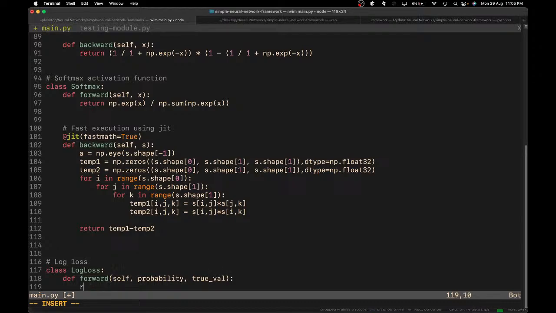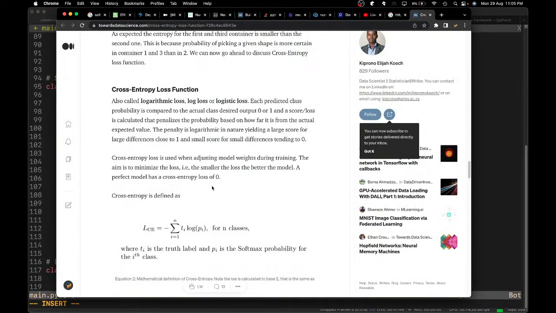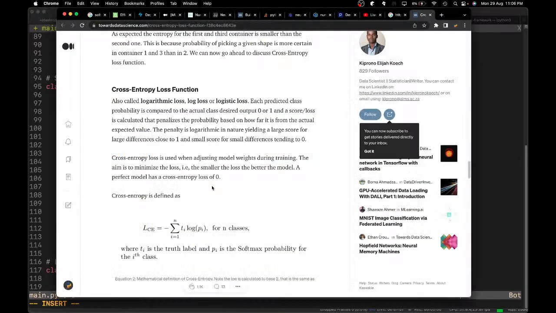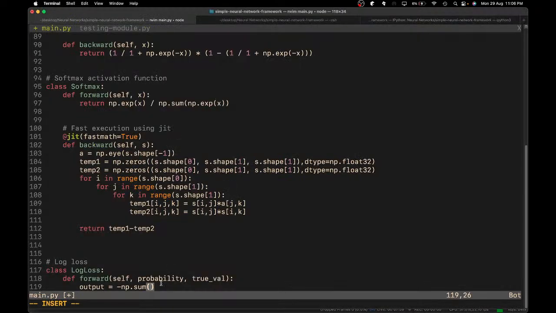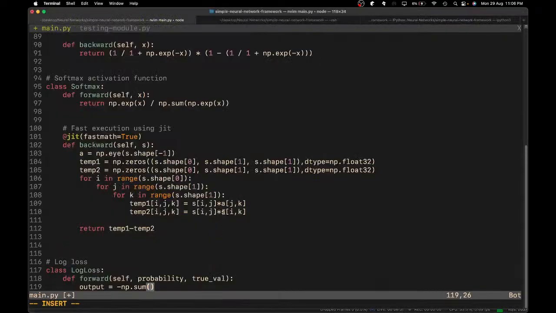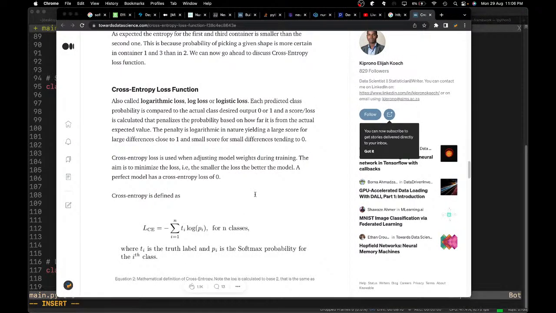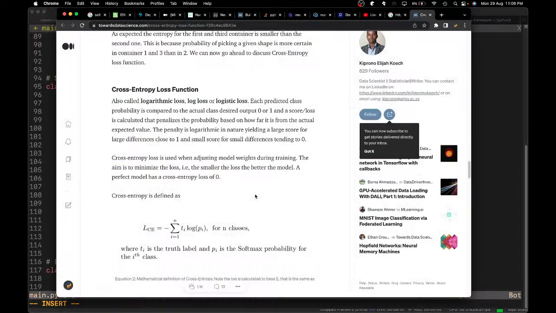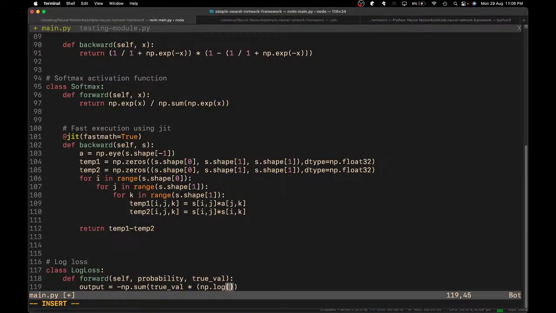And then we can just return, actually, I'm going to store it in a variable output, and we can just do np.sum. Oh, it's negative np.sum, and we have to do, alright, it's for n classes. So we have the true value and we multiply it with the np.log of the probability.